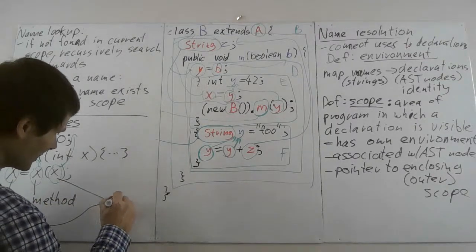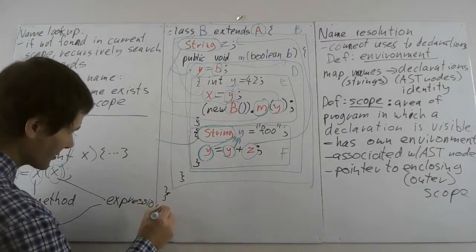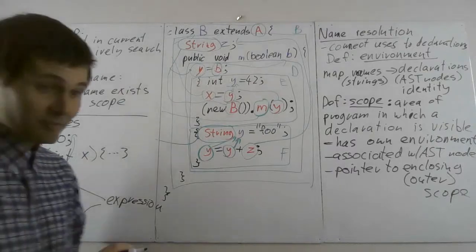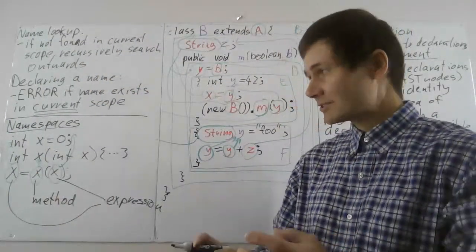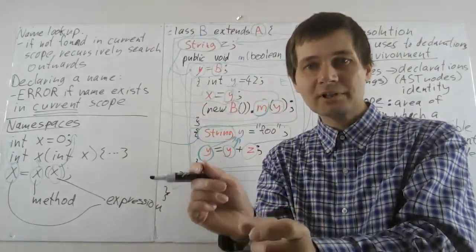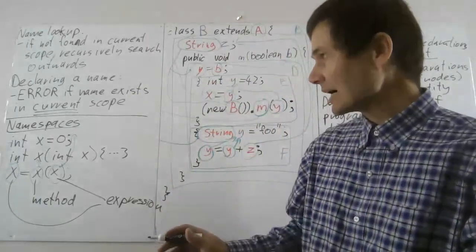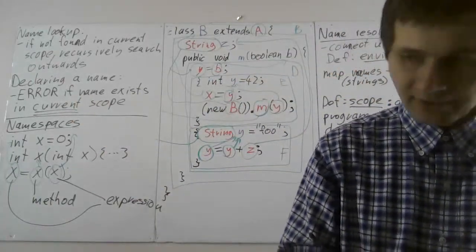They're what Java calls the expression namespace, basically names of variables, or they could be names of fields. Based on where the name appears in the grammar, that decides which namespace to look in.